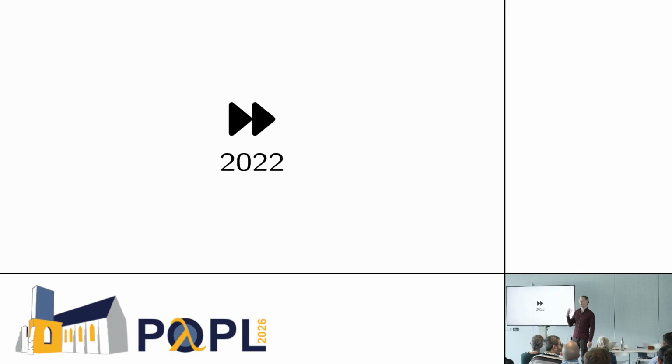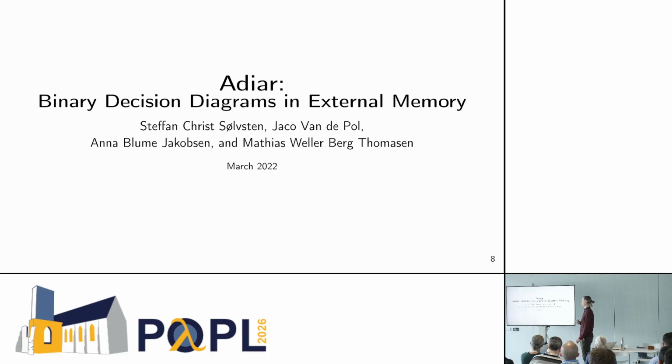So if we now go all the way over to 2022, I, together with a few others, dusted off this paper by Lars Arge and actually implemented it in practice in a tool called Adiar. Given all of these algorithms, and building on top of a library that implements I/O-efficient priority queues, I/O-efficient reading and writing of files, and sorting algorithms, it gives you the ability to compute on binary decision diagrams that are way, way larger than the RAM of your machine.